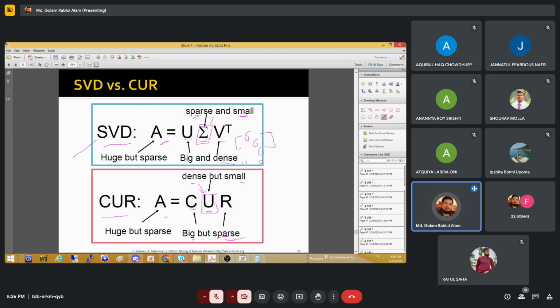If the rank of our data set is just 3, then we get just 3 singular values and the others will be 0. So that's why it will be sparse. But in the case of our U, we have already computed the SVD and the W plus. So instead of sparseness, we get dense values. Some of the compactness we get here in CUR.